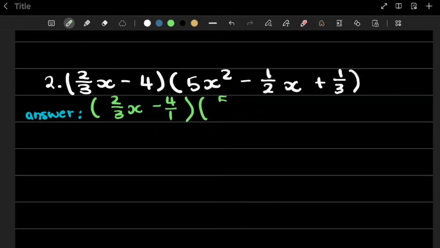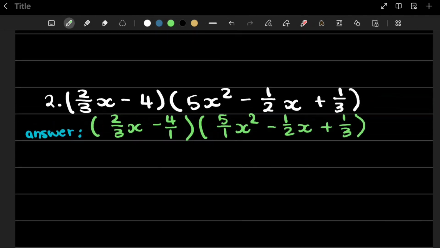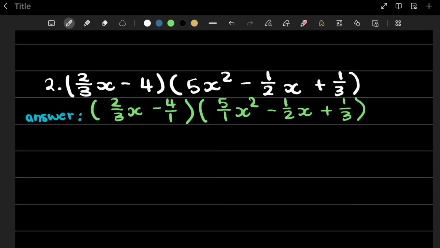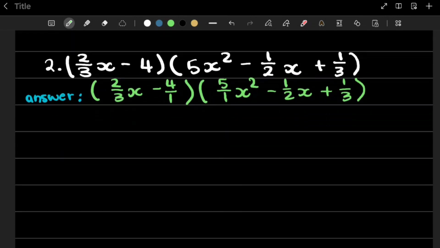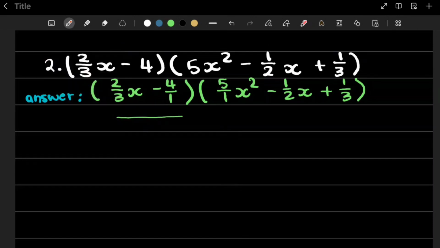This one would be 5 over 1 x squared minus a half x plus 1 over 3. And there's a little trick. Okay, it's not actually a trick, but this is what we do. You are going to find the lowest common denominator between these two terms. So between 3 and 1, what is the lowest common denominator?